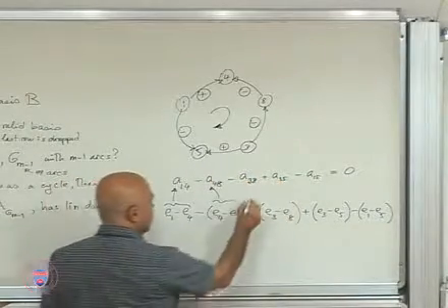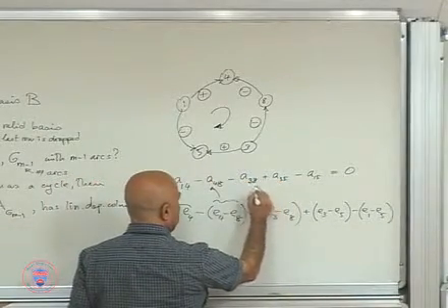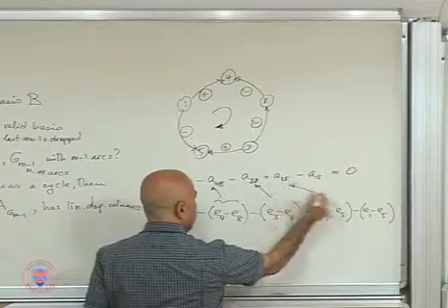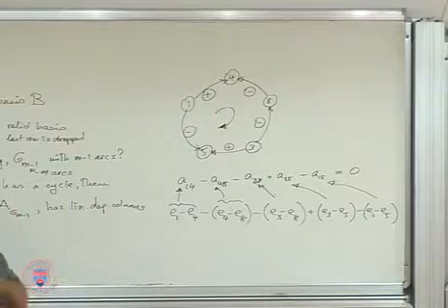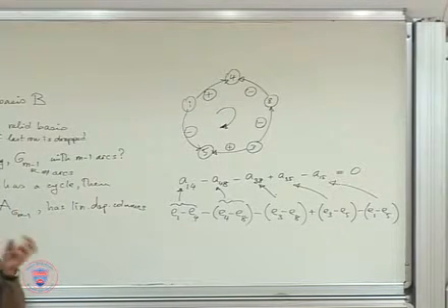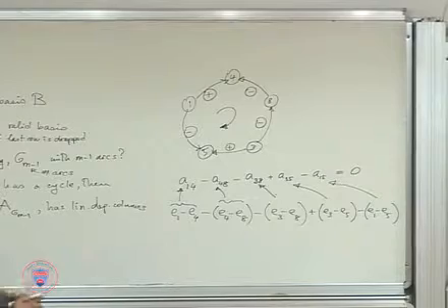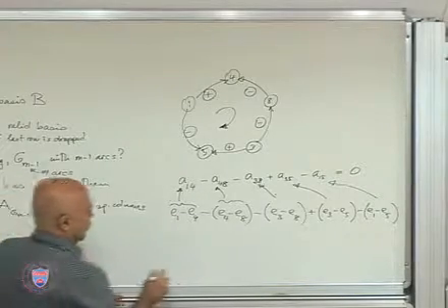So I simply took my columns, expressed them as the difference of two unit vectors, and that's what you get.